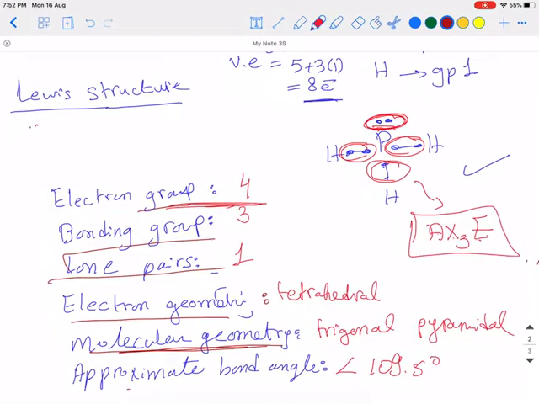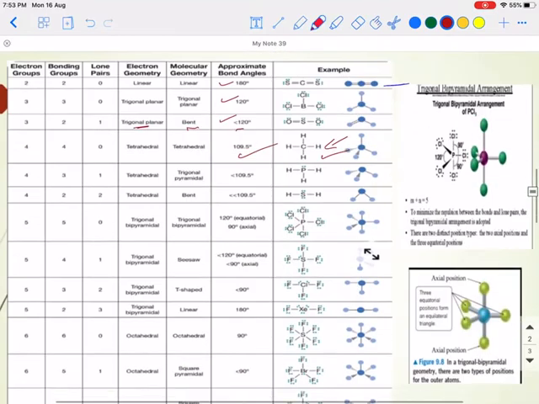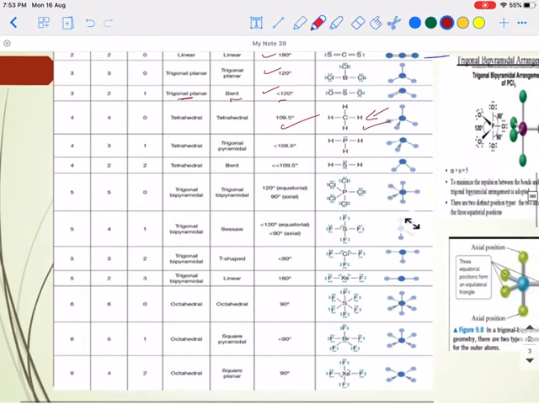So any molecule in the form of AX3E will have molecular geometry trigonal pyramidal. So this one is done. Let us move to H2S.